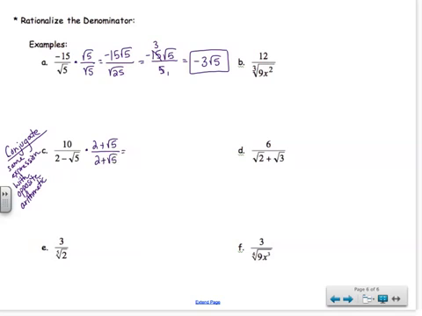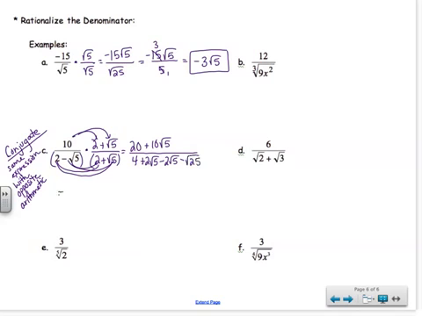So I distribute here in the numerator. We get 20 plus 10 root 5. And in the denominator, we're going to have to FOIL. All right, so we do the firsts, which would get us 4. We do the outers, which gets us plus 2 root 5. We do the inners, which gets us minus 2 root 5. And we do the last, which gets us minus root 25.